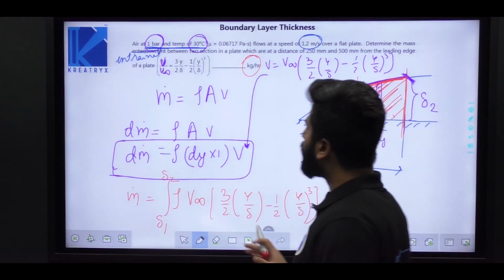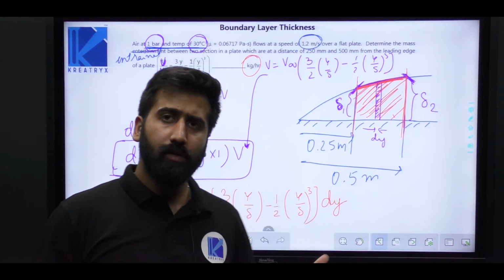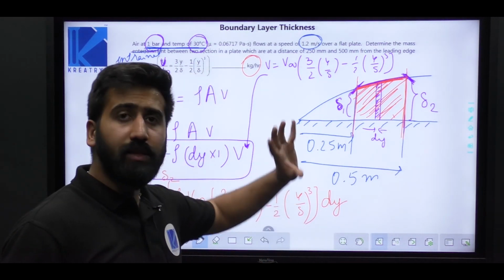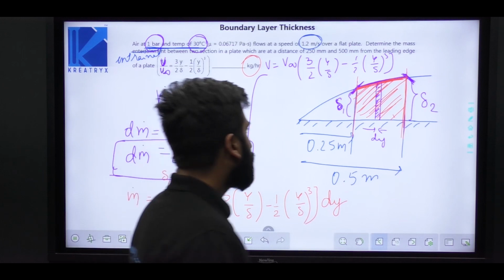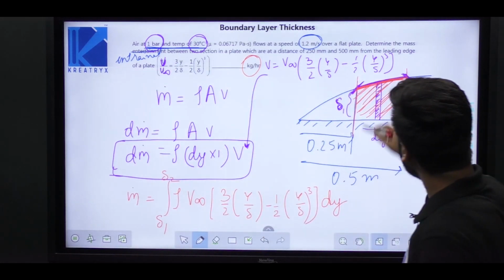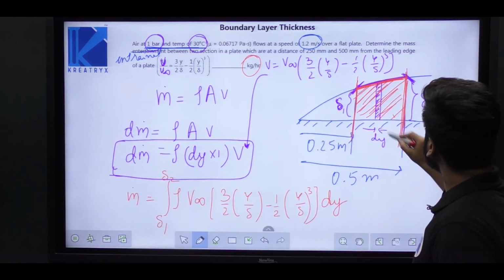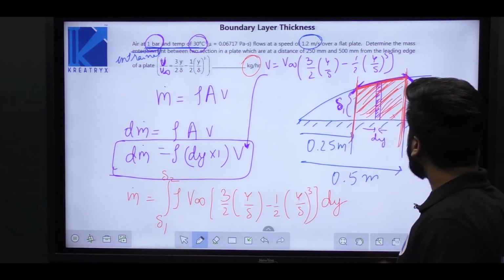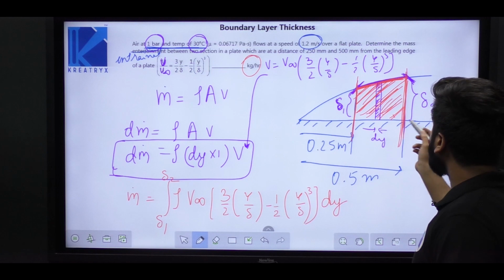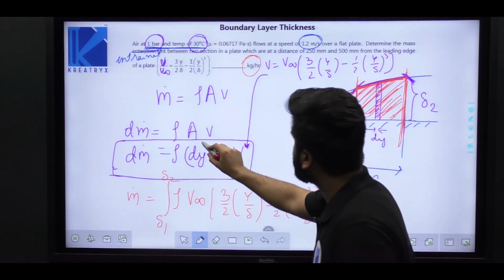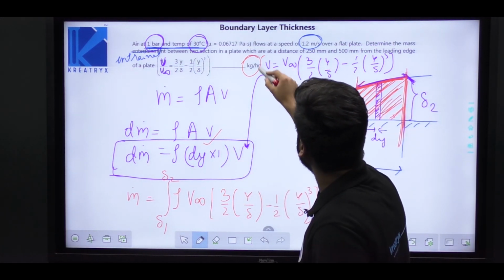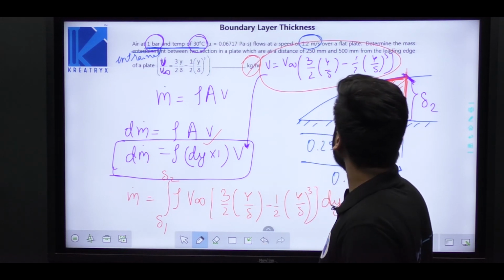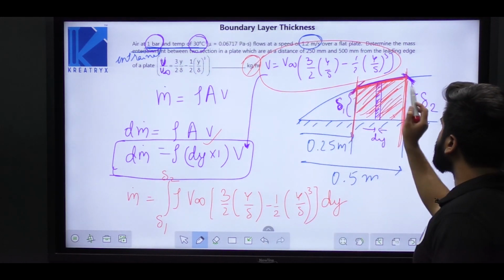So basically you get the idea. I solved this question to give you an idea how to solve these types of questions. The mass entrapped between these two sections is what we have to find, and for that you have to find delta 1 and delta 2, because you have to integrate the equation by putting in the velocity profile within these limits.